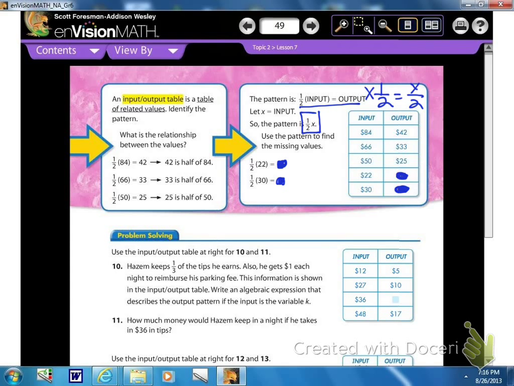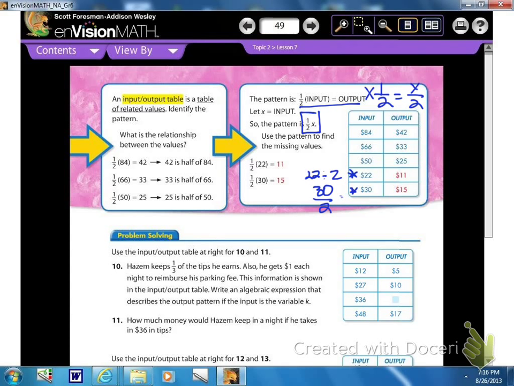So if we're looking at 22 here, and that's our input, or how much he makes, how much is he going to save? Well, what's 22 divided by 2, or half of 22? 11. If he makes $30, what is 30 divided by 2? Well, then he's going to save $15.